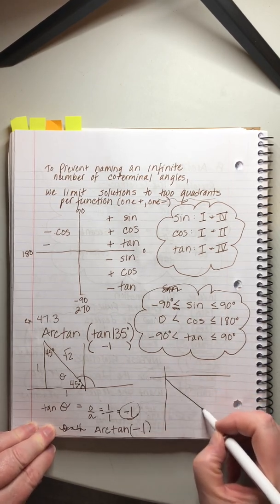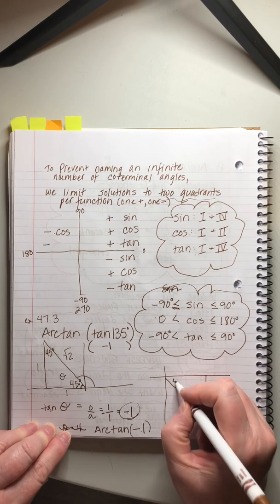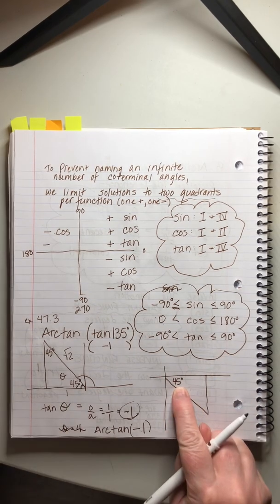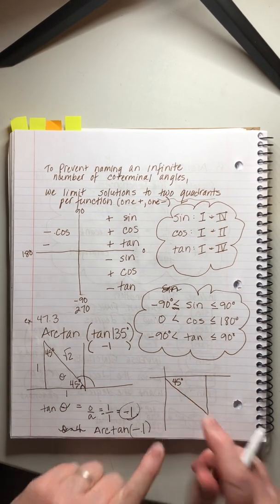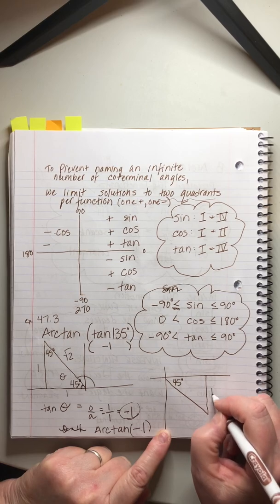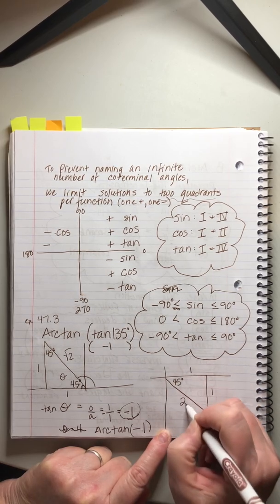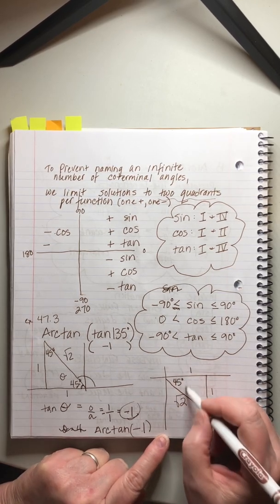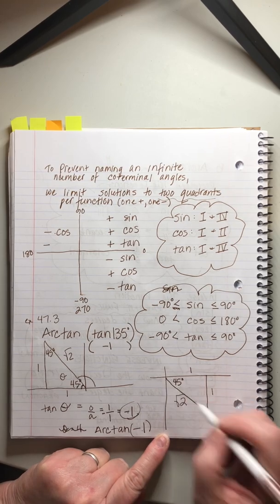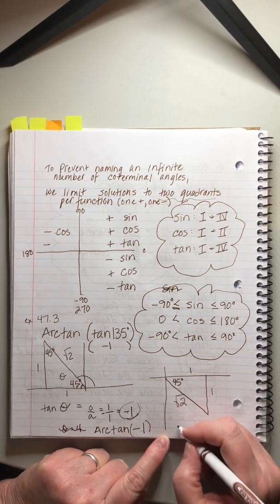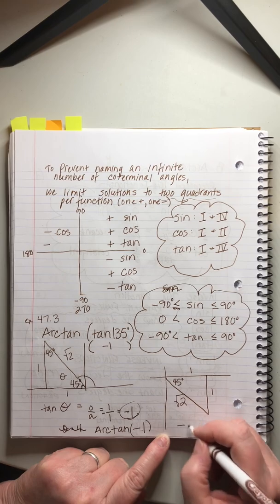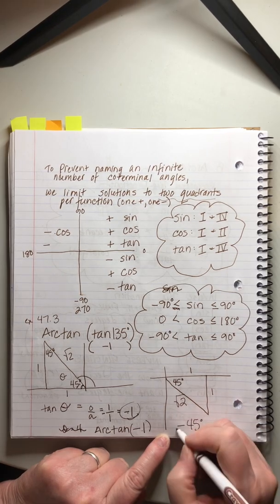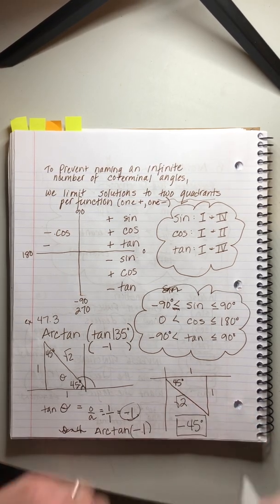So this is the angle that creates a tangent of -1. This is the one that we need. And so the final solution to our problem is -45 degrees.